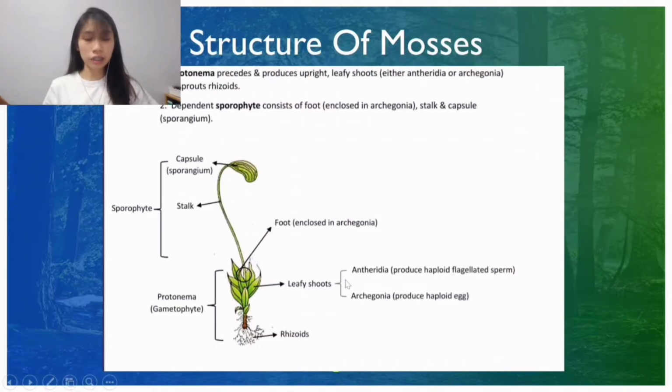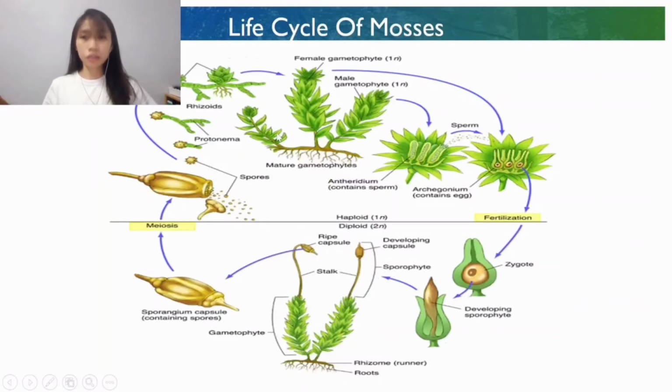The antheridia is the male gametophyte, which will produce haploid flagellated sperm, and the archegonia is the female gametophyte, which will produce haploid egg. As for the sporophyte, they will have foot, stalk, and capsule. Capsule is the place where sporangium is contained, and this foot we can't really see from here as it is enclosed in archegonia. So this is the life cycle for mosses.